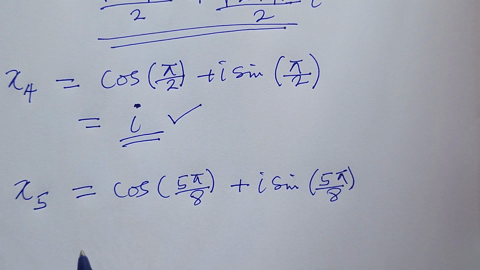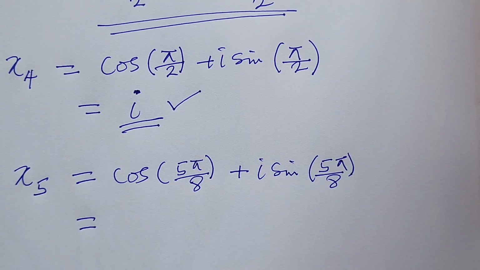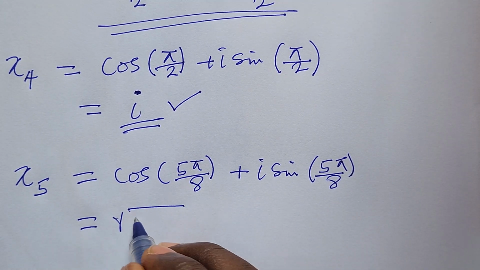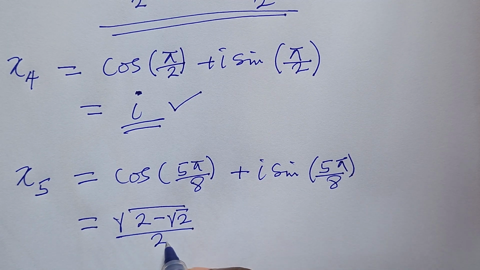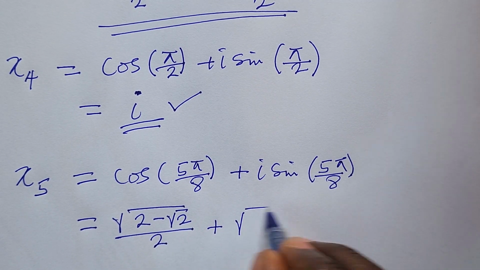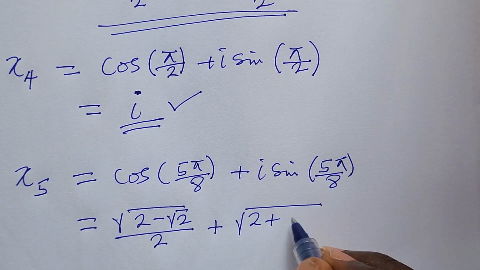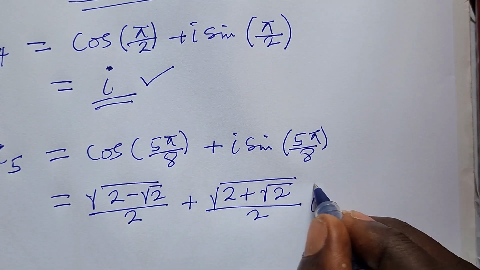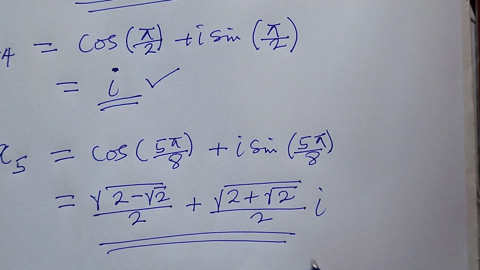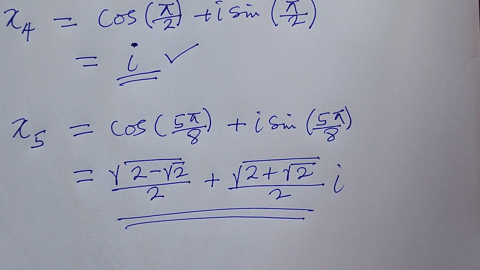Again, numerically, this will give us the square root of 2 minus the square root of 2, all over 2, plus the square root of 2 plus the square root of 2, all over 2, the iota. Can you see something playing out here? You discover that the result is kind of turning into a circle, because we are dealing with a circle here, right?